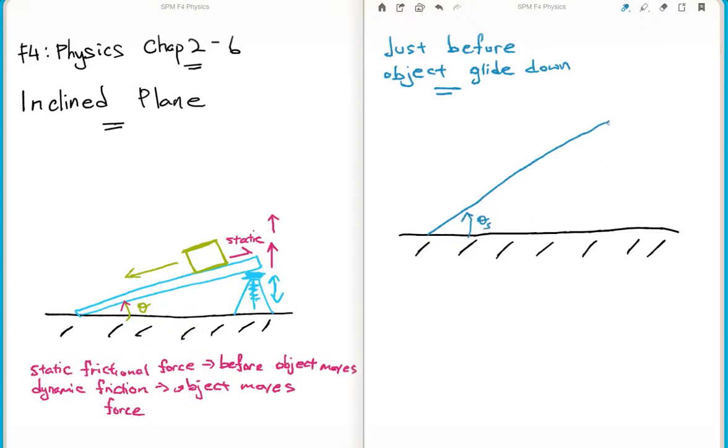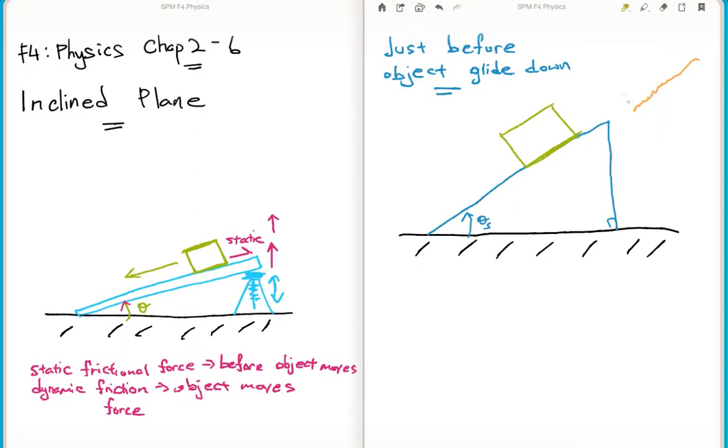I have the object here. Maybe I put it in the center, slightly bigger, so that you can really see it. What happens is that at the interface between this green and blue, if you put it under a microscope, the surface would be rough.